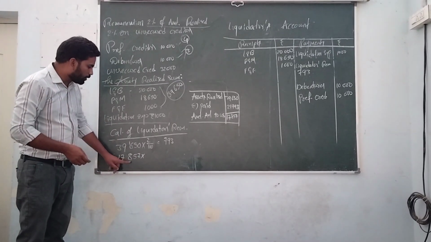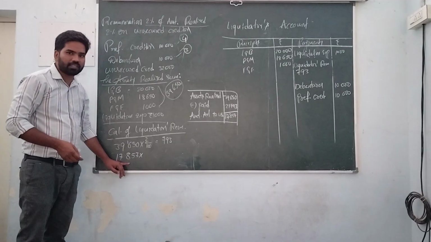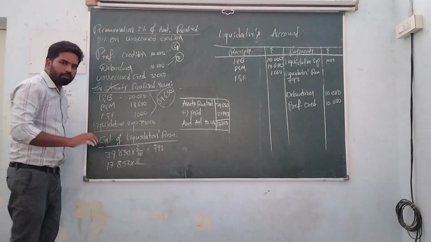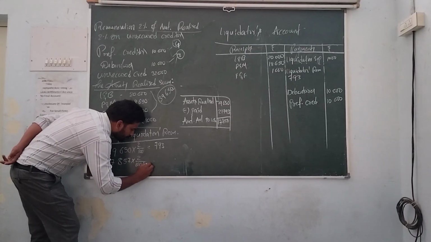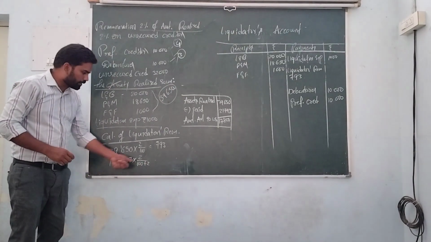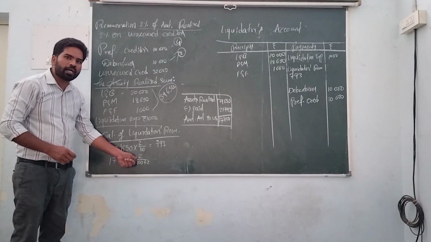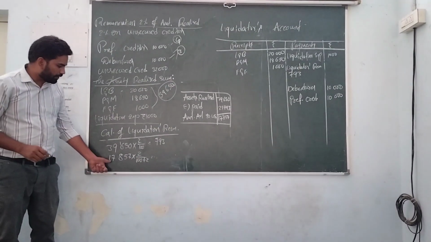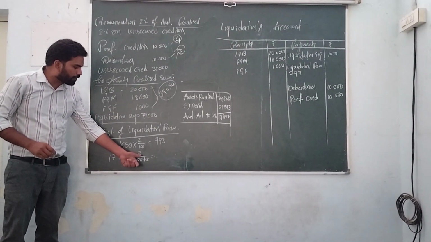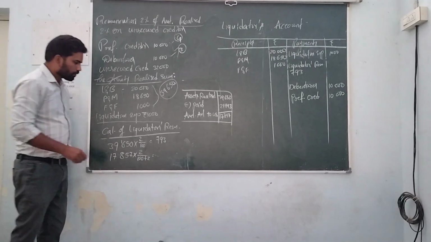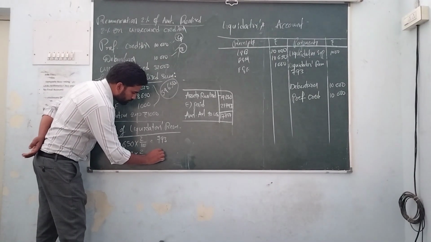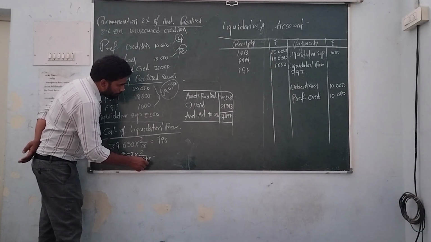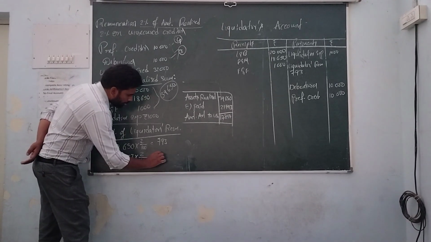Okay, so the amount available to unsecured creditors is 17,857, into the rate, which is 2, divided by 100 plus rate. The rate of commission is 2. Okay, so calculate the commission: 17,857 into 2 divided by 102 equals 350.